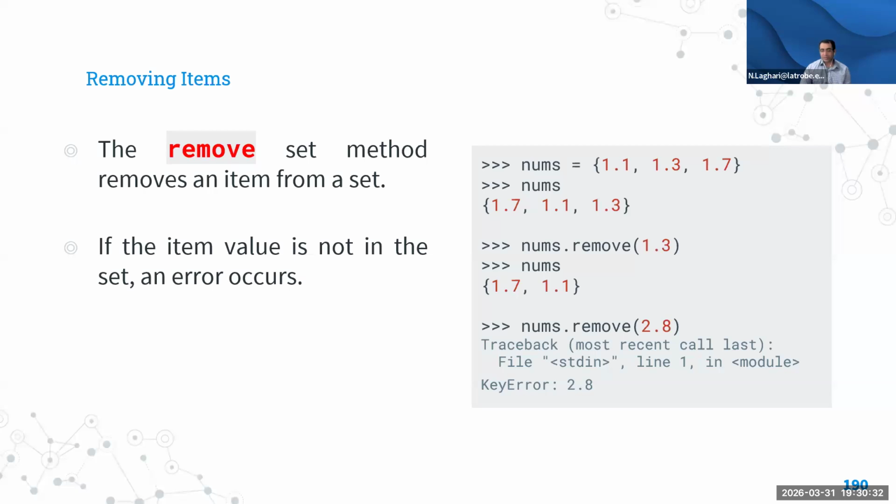So nums has different float values, and you want to remove 1.3. You cannot specify the location of that element. You say remove specifically 1.3, so it'll remove 1.3. And if you try removing a value from the set which is not there, it'll throw an error.